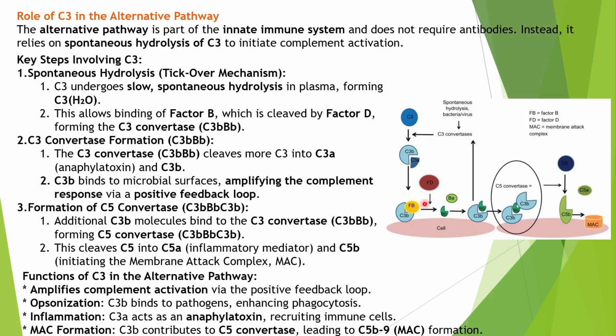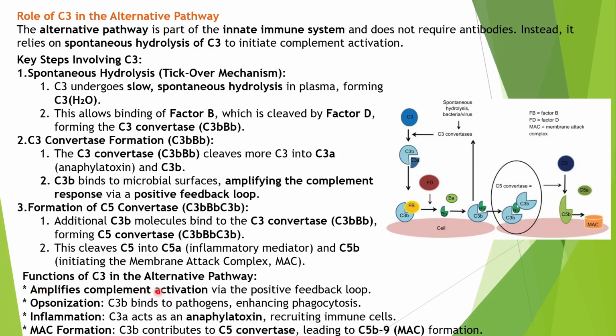Then we have formation of C3 convertase, which cleaves C3 again, giving more C3b, then the C3bBb and C3b complex is formed, which is a C5 convertase, and then it cleaves C5 into a and b. C5b triggers the MAC complex formation by binding to several other complement components, and C5a is an inflammatory mediator.